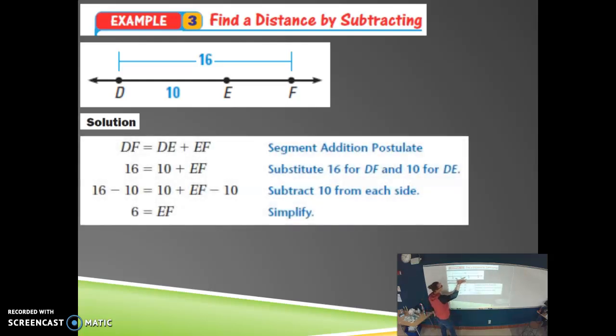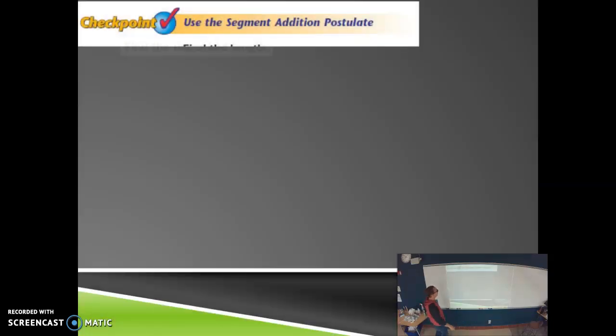So DE, which is 10, plus something we don't know, I like to say it's X because I prefer that variable, 10 plus something equals 16. We see that in the second step here: 16 equals 10 plus EF. We'll subtract 10 from both sides. That missing segment is going to be 6, which makes sense. 10 plus 6 is 16. The lengths of the pieces, when added together, will give you the length of the whole.